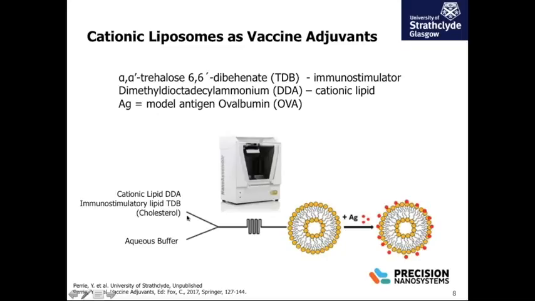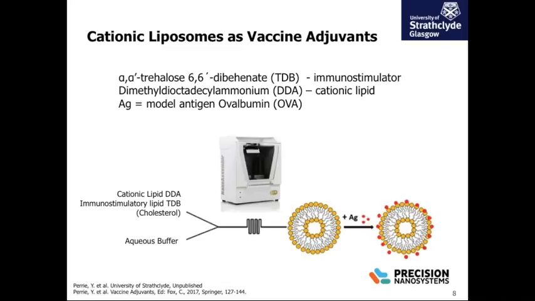And so they combined all these lipids, and in some cases, they used an additional stabilizer lipid, here cholesterol. They combined all of these in the microfluidic system to prepare these liposomes, and then they added the antigen to the surface of this liposome to do some tests.